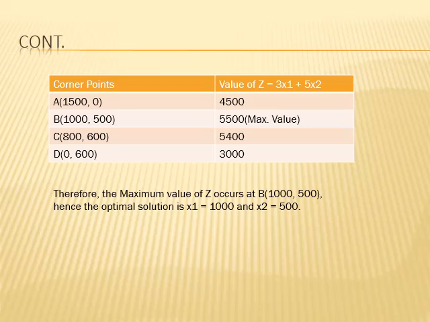Therefore, the maximum value of z occurs at B. Hence, the optimal solution is to produce x1 equal 1000 units and x2 equal 500 units.